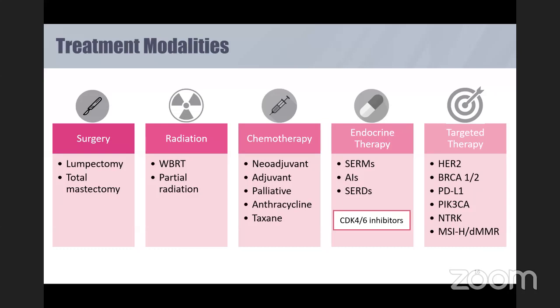They do not work directly on the endocrine receptors, on estrogen receptors, but they are used in the treatment of hormone receptor positive breast cancer. That's why I put them here, but their category could be either targeted or miscellaneous.